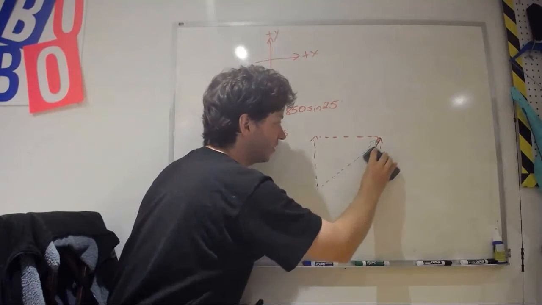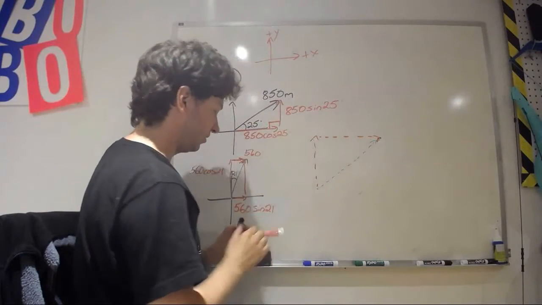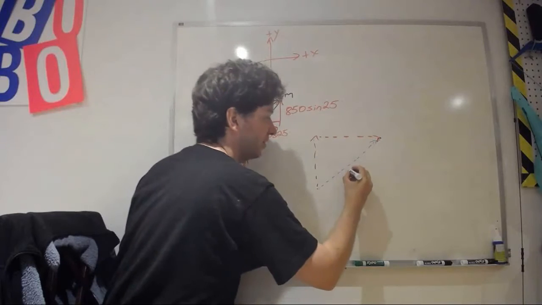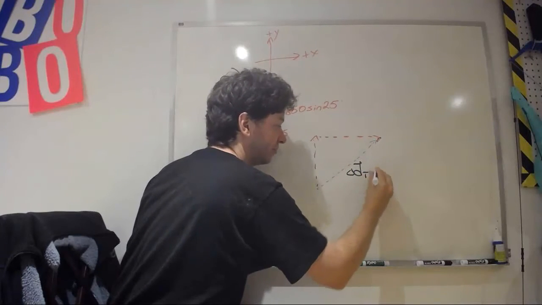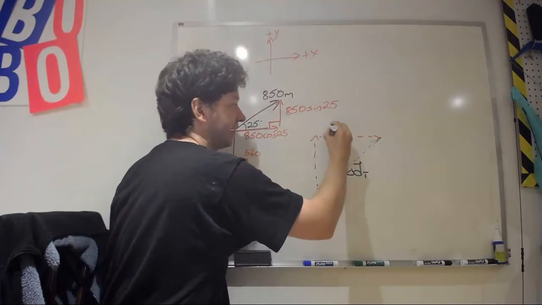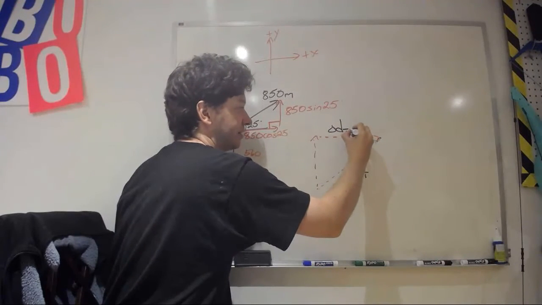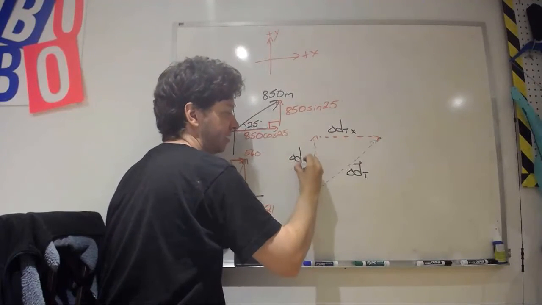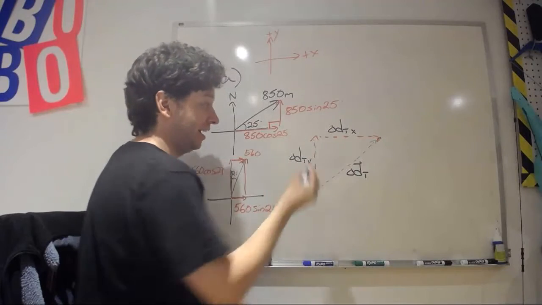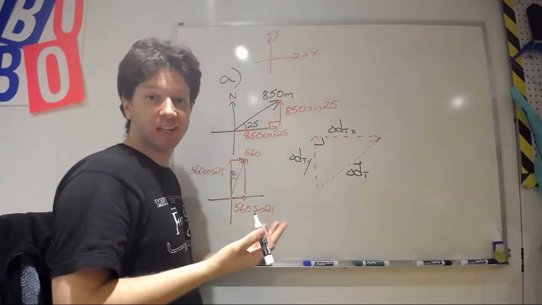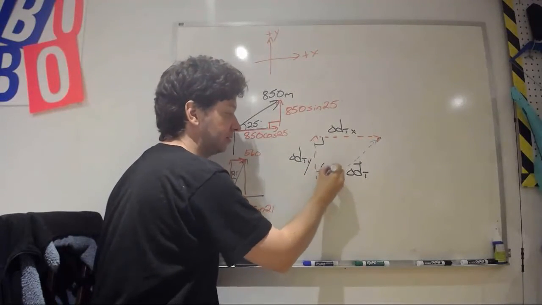So essentially, in order to figure out this total displacement, I need to find its x component and its y component. And once I have that, it's simple. You have a right angle triangle.